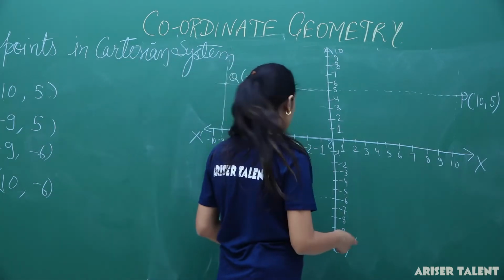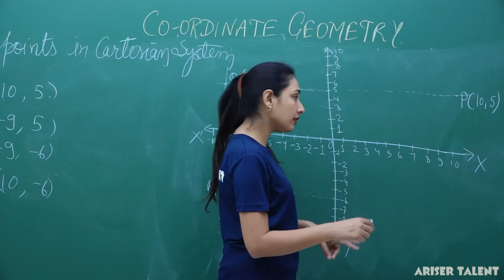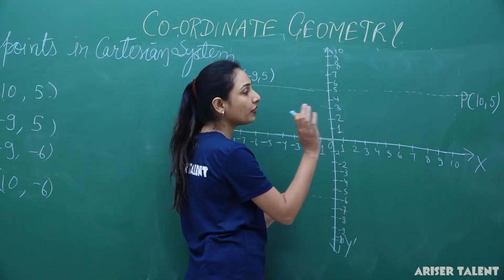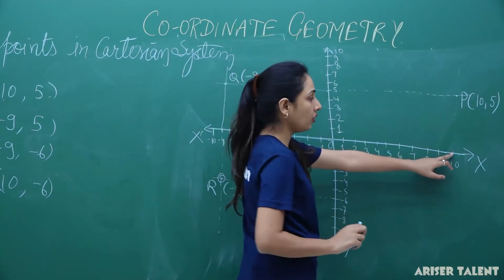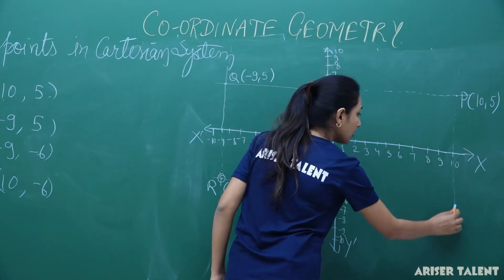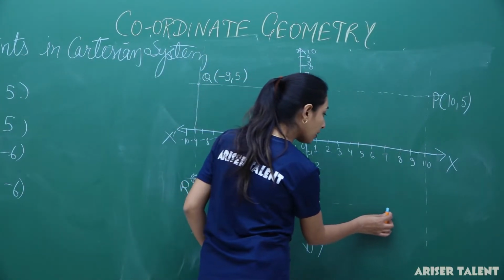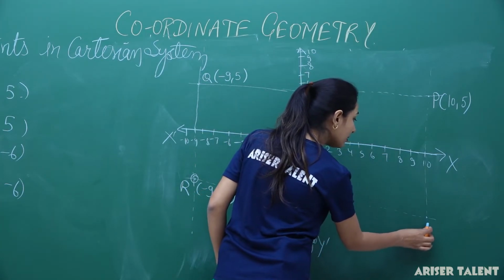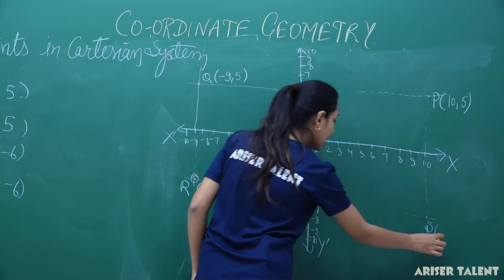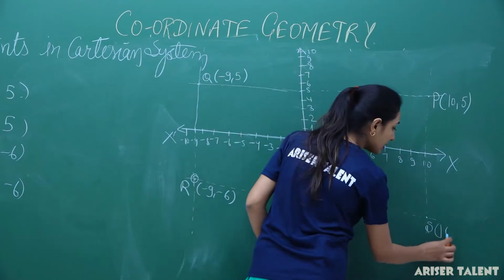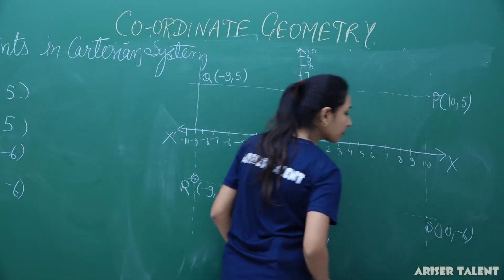So, S point is 10 and minus 6. So, minus 6. So, first 10. Now, 10 is this. Okay. So, this line. But minus of 6, that means this line. Okay. So, I am getting this S point here, getting these as 10, minus 6.